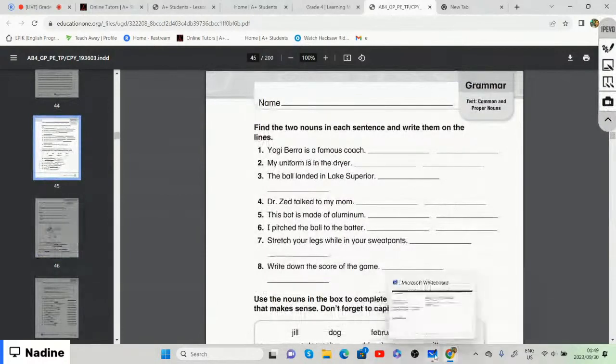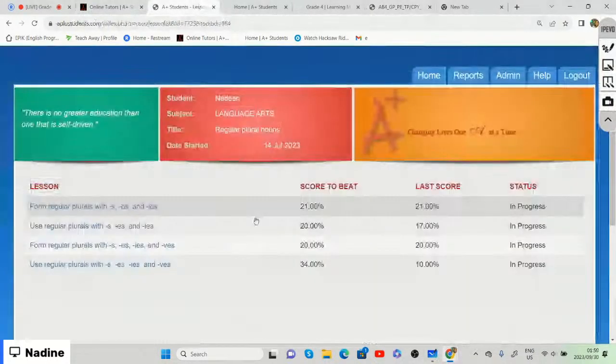All right. So grade 4, that is basically the end of our lesson on regular plural nouns. Remember, we said that singular means one, plural means more than one.